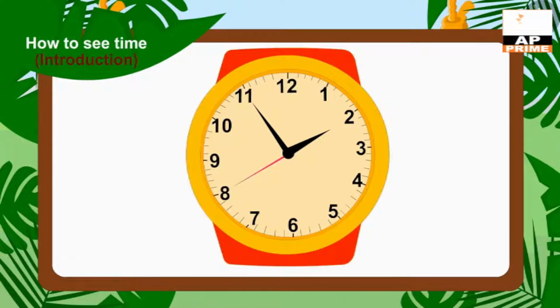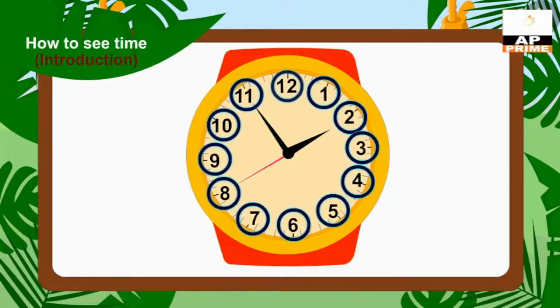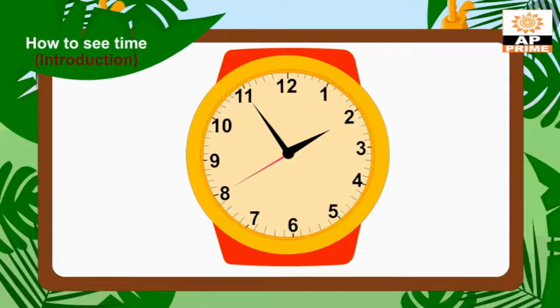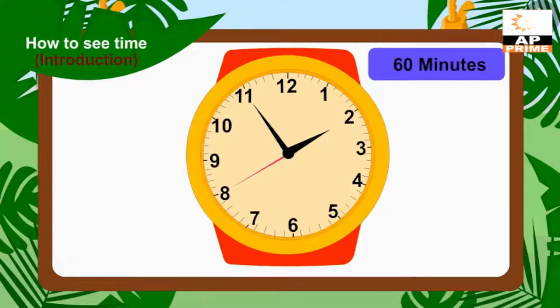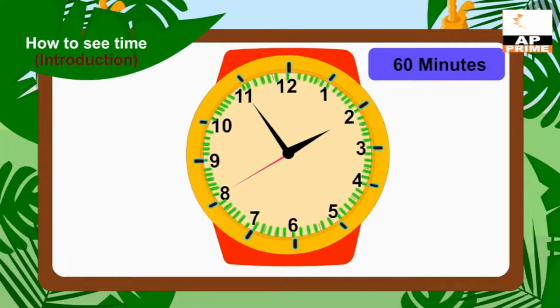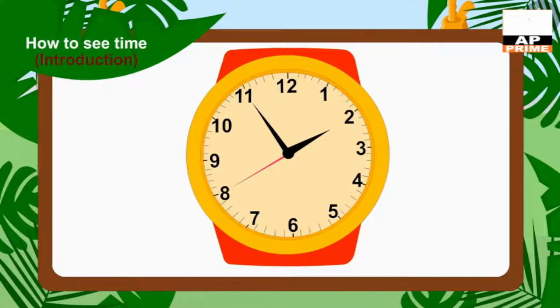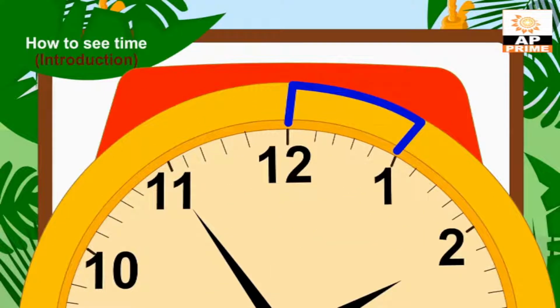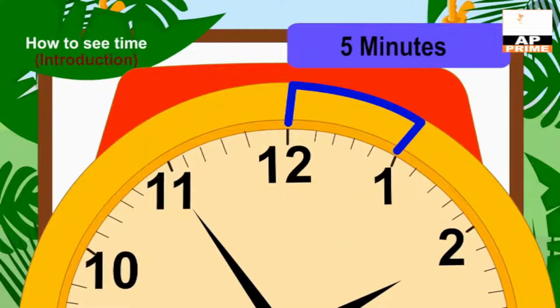In a watch, there are numbers from 1 to 12 written in this manner. The entire watch consists of 60 minutes and they are divided between 12 numbers. So each part is of 5 minutes.